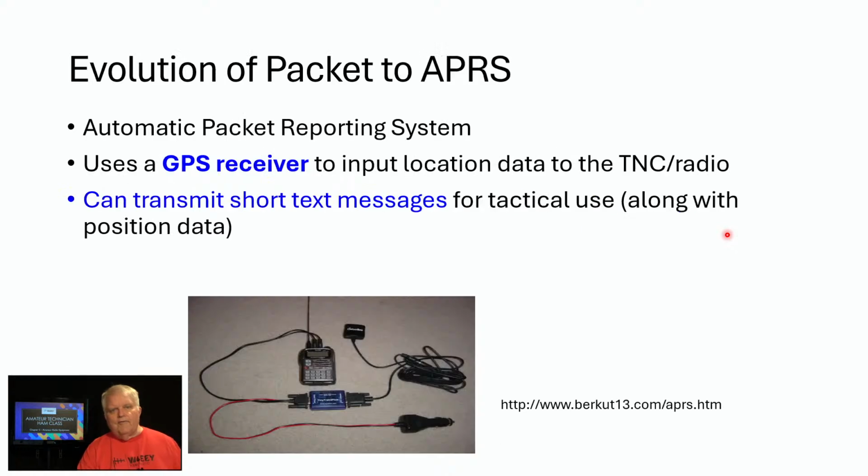That's a characteristic of packet radio. And packet radio evolved to something we use today called APRS, or the Automatic Packet Reporting System, which also adds a GPS receiver to the mix, and a specialized TNC that can take that input. And it can also transmit short text messages via the APRS system. But APRS is sometimes abbreviated as the Automatic Position Reporting System. That's not correct.